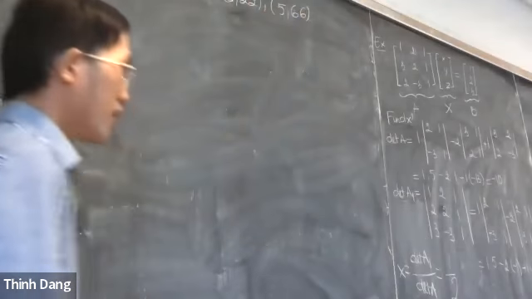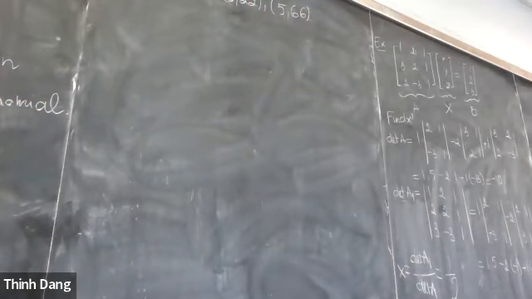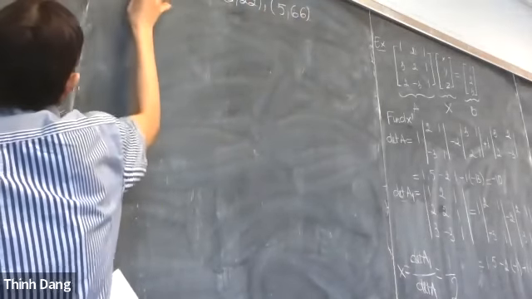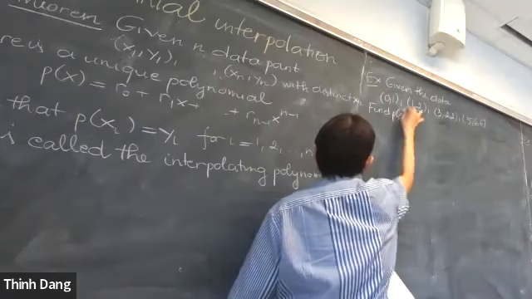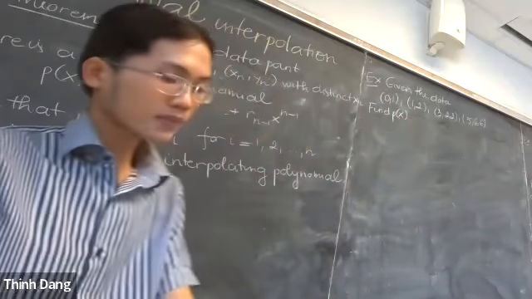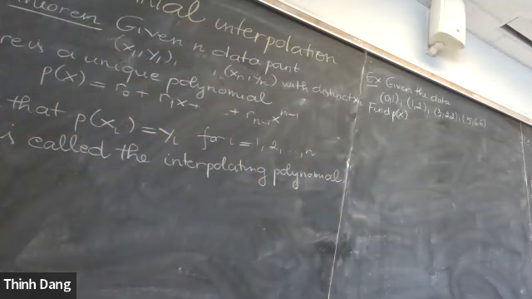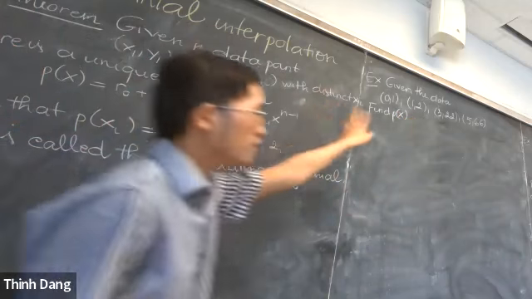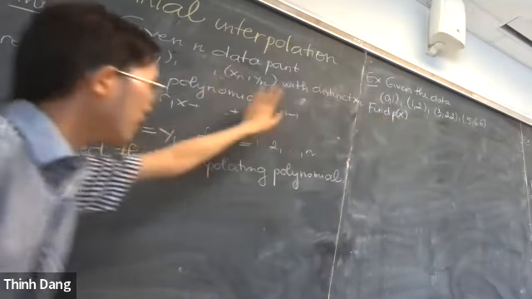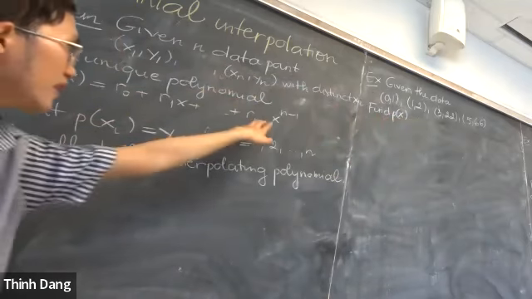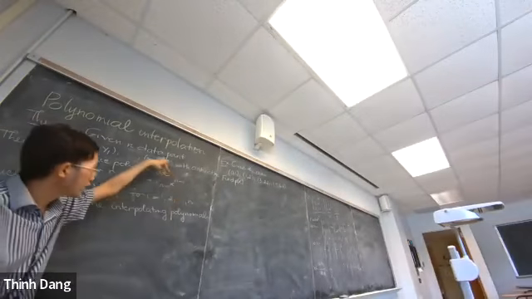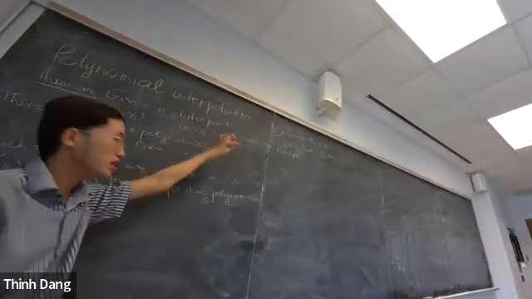So we are having 4 data points, and all we need to do is to find the interpolating polynomial P(x). Because we are given 4 data points, the degree of P(x) should be less than or equal to 3. Here n is 4, so n minus 1 is 3.